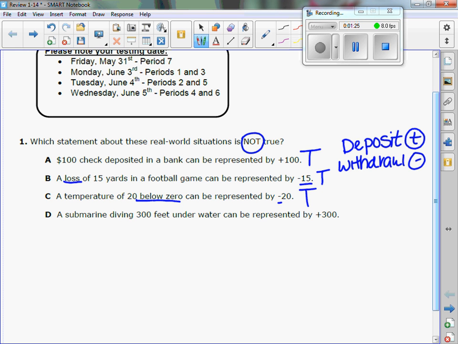A submarine diving 300 feet underwater can be represented by positive 300. That's false. That should be a negative 300 if they're underwater. So that would be my false. And I'm looking for the one that's not true. So true wouldn't work, true wouldn't work, true wouldn't work. I'm looking for the answer choice that would be false, the one that is not true. So the answer for number 1 is D.